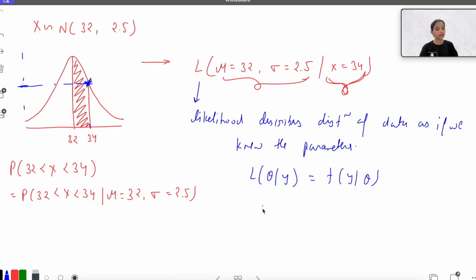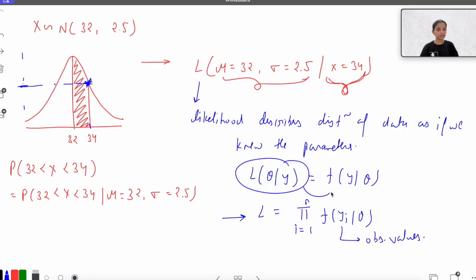That's why when you are calculating the likelihood, we say that likelihood is the product from i equal to 1 to n of f of y_i given theta for all the observed values. Basically y1, y2 to yn are my observed values. So taking into consideration all the observed values, when you are calculating it, that is your likelihood. So you are actually calculating this, but there is a relation, so you can convert it to the probability function.